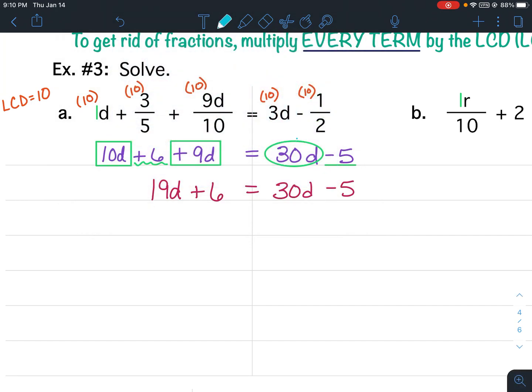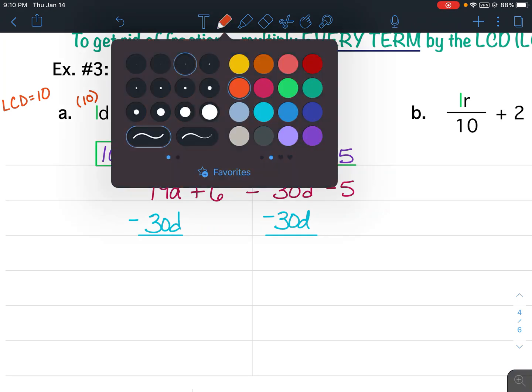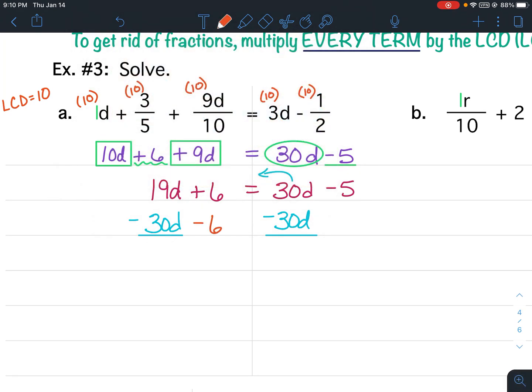And now we're going to take our variable term to the left. So I'm going to subtract 30D from both sides. And I'm going to subtract 6 from both sides. So that allows me to cancel that.